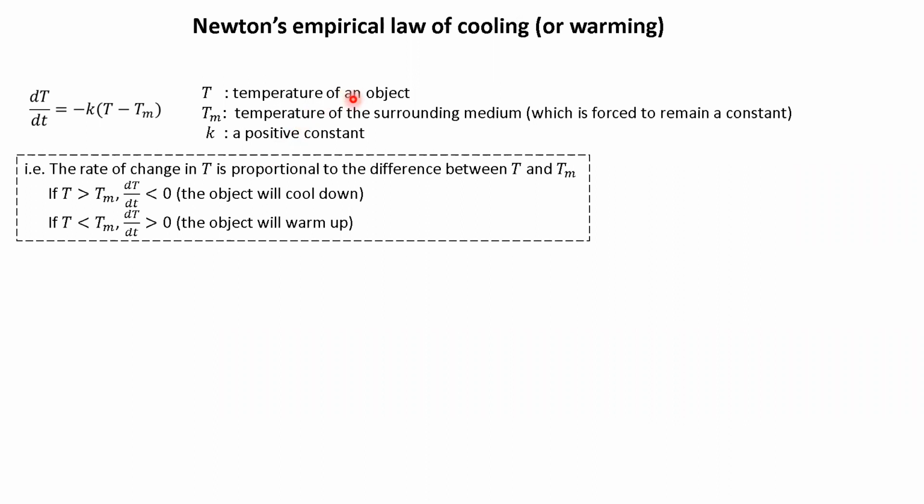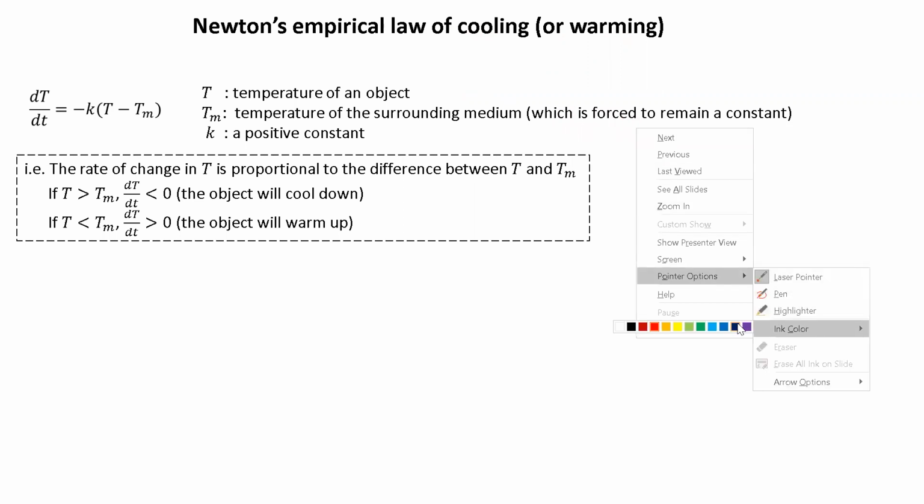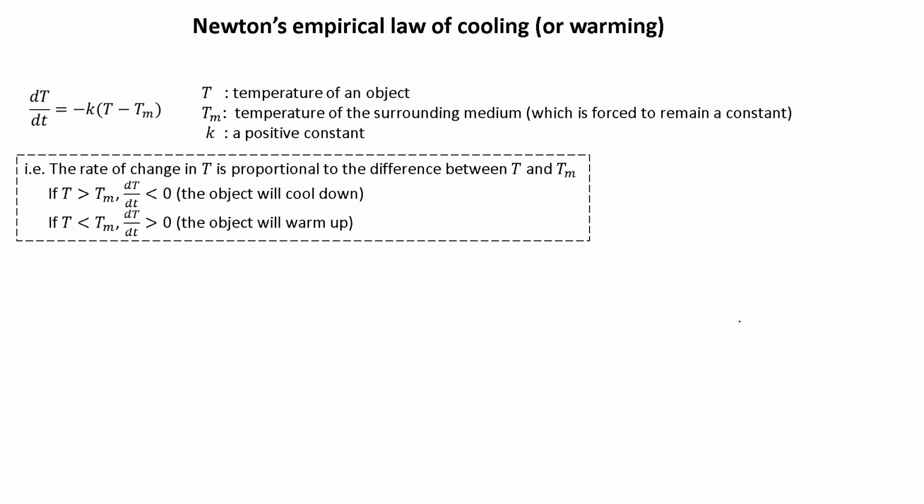This is known as Newton's empirical law of cooling, or warming. What does it tell us? It considers the following situation. Let's say I have a piece of hot metal with some temperature T, and the surrounding is just air, which I call Tm.